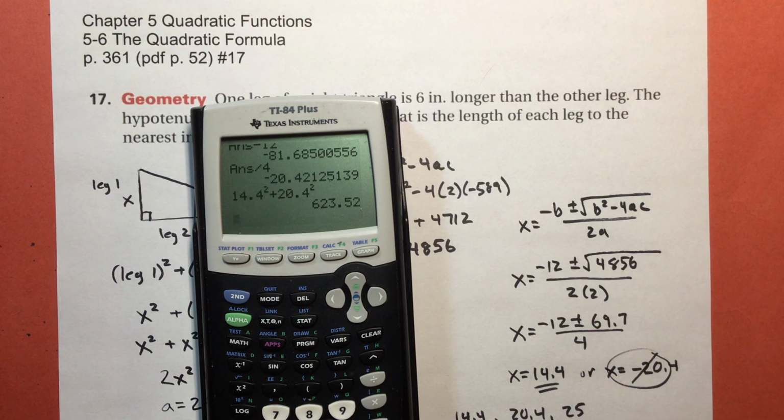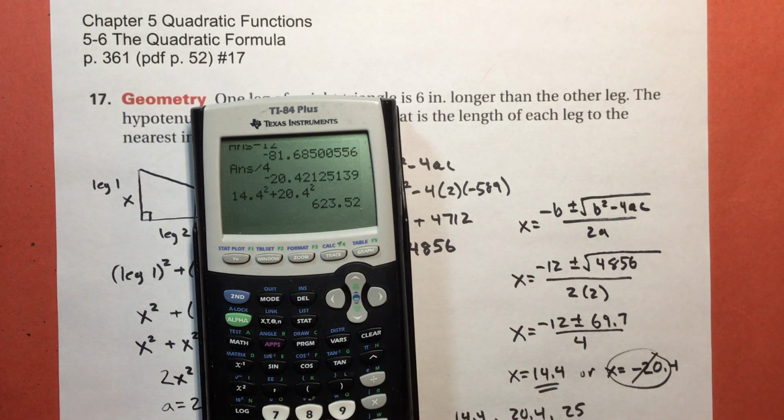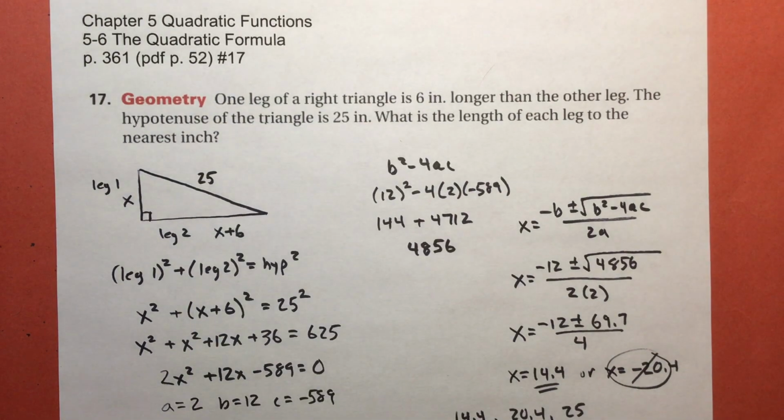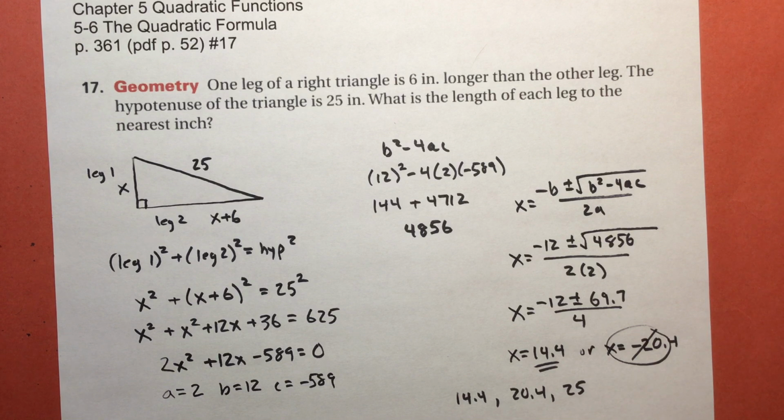Keep in mind that there is a rounding error because I just rounded off. But this should be close to 625, and it actually is. So it looks like my legs are going to be 14.4 and 20.4 for that one. And by the way, if you're wondering where I got the 20.4, I just added 6 to that one.